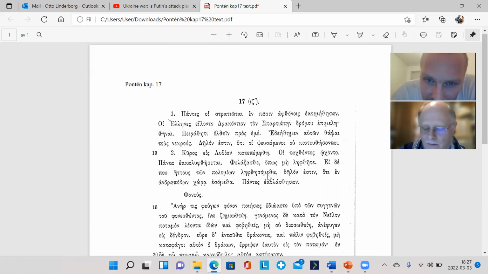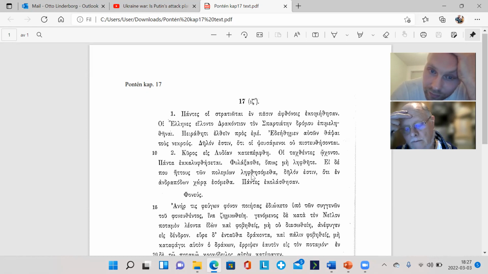But yeah, here, if we start with this predicate here, this lephthesometha, how would you understand that one? Well, it looks like a future passive again. Exactly. Yeah. Of Lambano. Of Lambano, exactly.